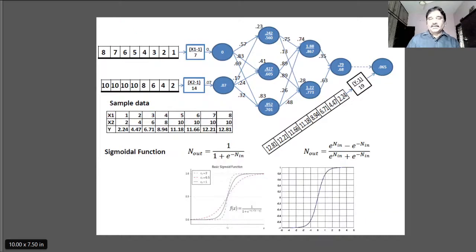Once we form the neural network of the topology, we have to plan for giving the inputs to the input neurons. What we are seeing now is the feed forward backward propagation neural network.